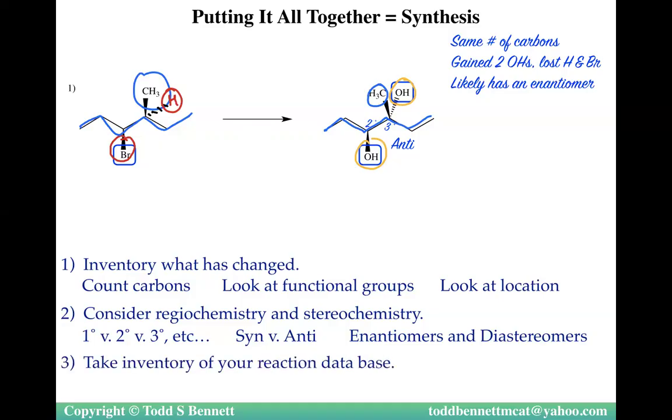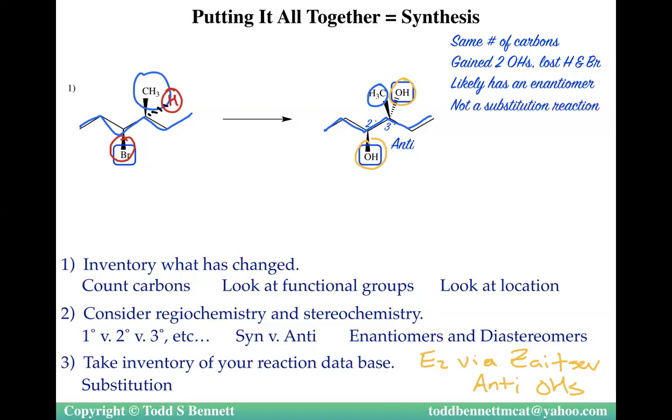Take inventory of your reaction database. You have to have an elimination. So in this case, E2 via Zaitsev. And then anti-OHs, which means peroxide. So substitution, not going to happen.